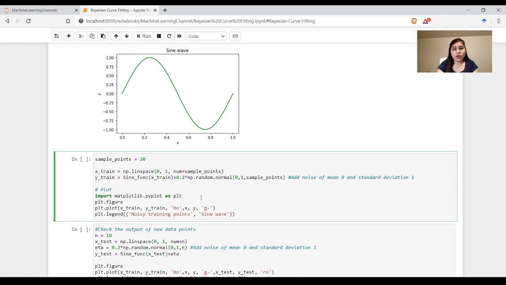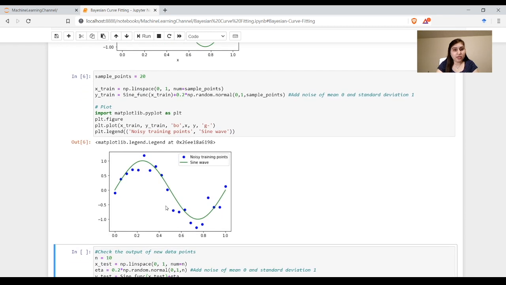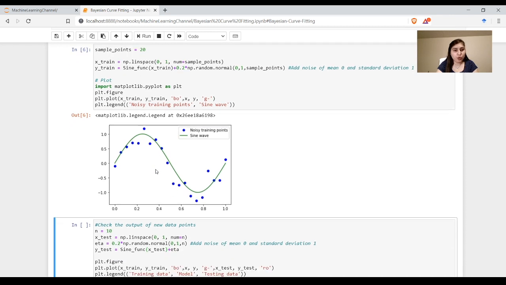And here I'm plotting the training points which is coming from the noisy sine wave as blue dots. We can see that these points are not lying on the green line, but it has some random noise with the mean 0 and standard deviation 1.